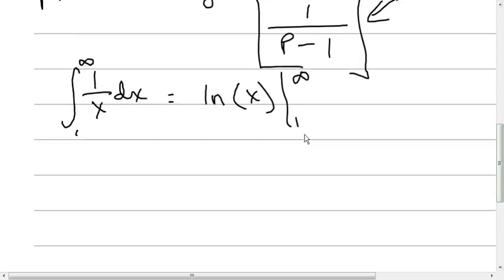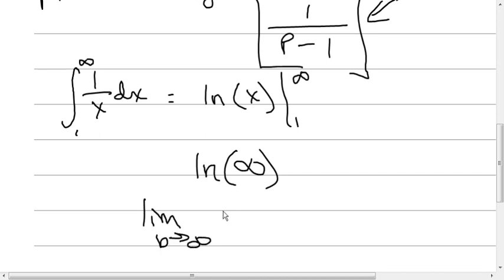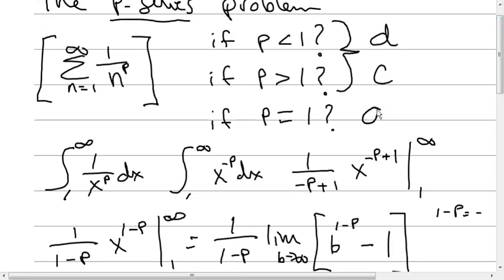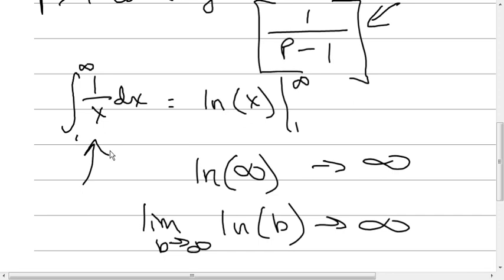Since the natural log of 1 is 0, we could rewrite it as the limit as b goes to infinity of natural log of b, however you want to think about it. In both cases, this is going to go to infinity, indicating that in this last situation we get divergence as well. In fact, this is also called the harmonic series, one that we've talked about before, and we know that it diverges anyway.